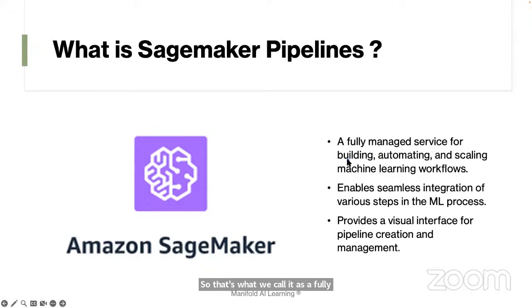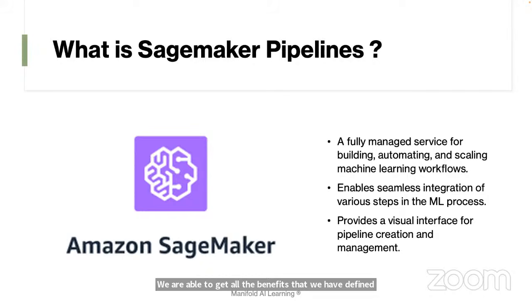And it's a fully managed service for building, automating, and scaling our machine learning workflows. That means I can define a workflow with multiple steps. We'll have the interconnected steps that will ensure that we are able to get all the benefits that we have defined for the pipeline.